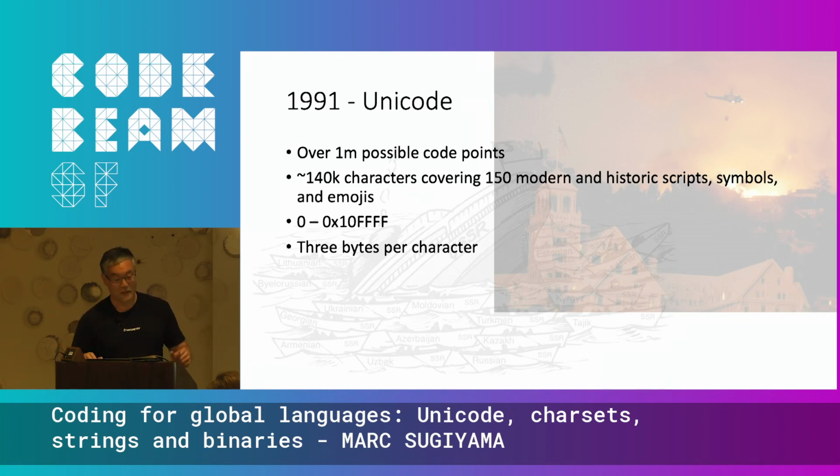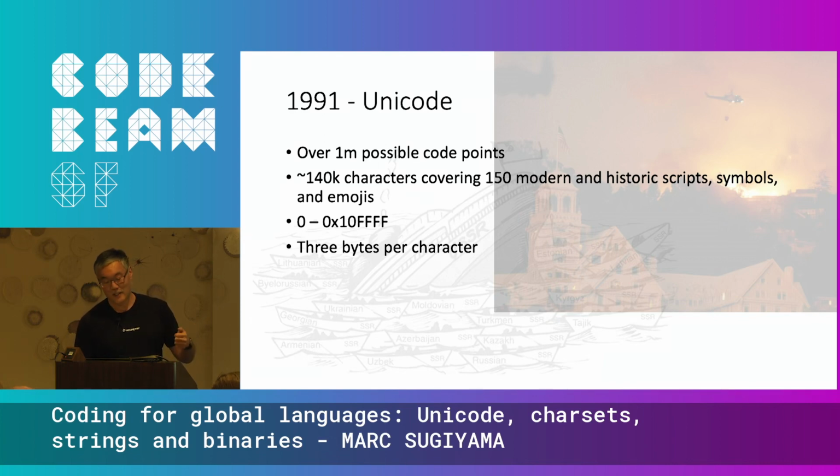That's a lot better. The current Unicode standard defines 140,000 different characters from 150 different languages, including historic scripts like Egyptian hieroglyphs.